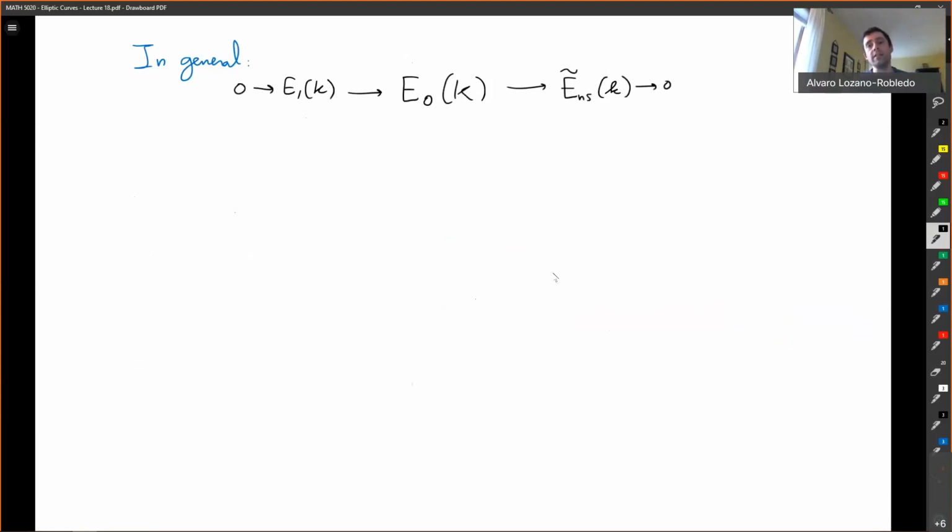Okay, so I have that exactness, but note, as long as the discriminant is non-zero modulo m, then E twiddle NS is all of E twiddle, meaning that everything is non-singular.